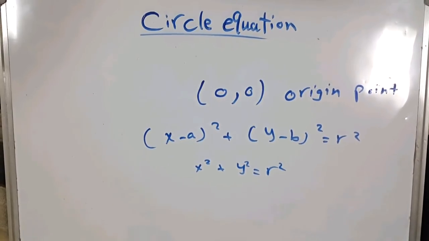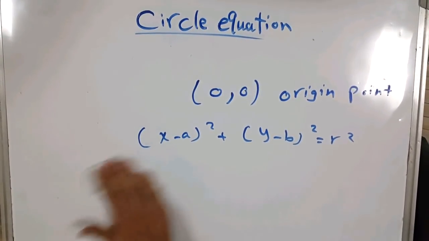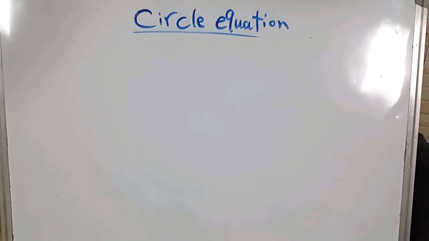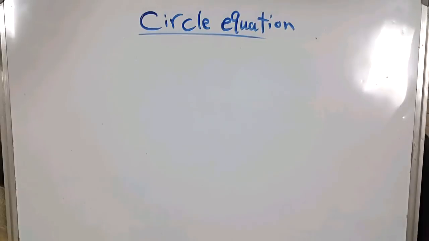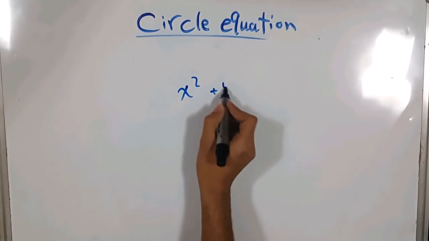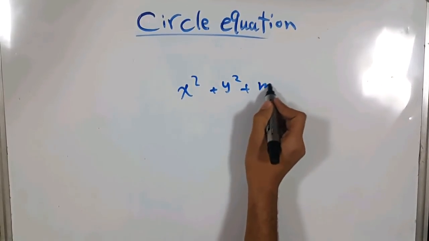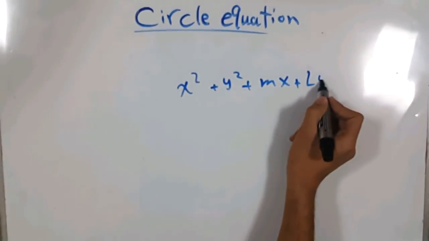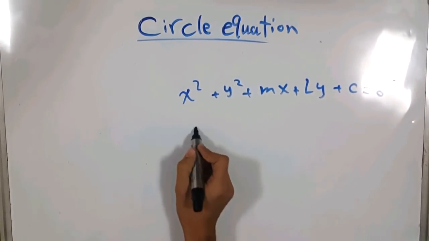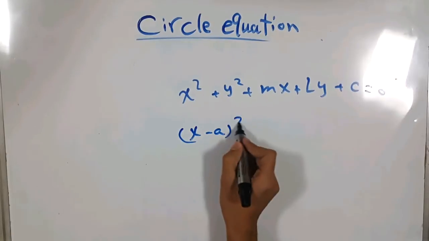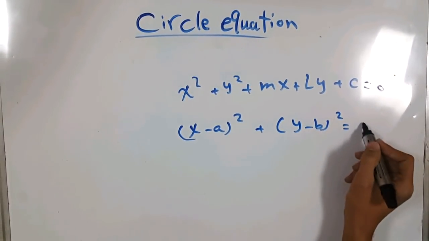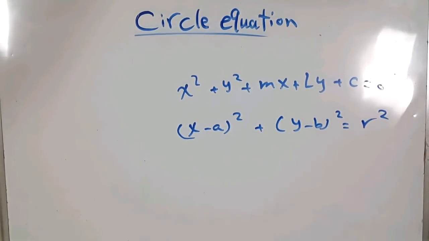We'll move to another part which depends on completing the square, and most of the questions come from this part because it's important. For example, if I have an equation x squared plus y squared plus mx plus ly plus c equals 0, we have to convert it into the general formula, (x minus a) squared plus (y minus b) squared equals r squared.